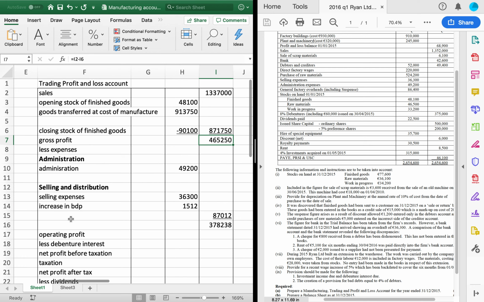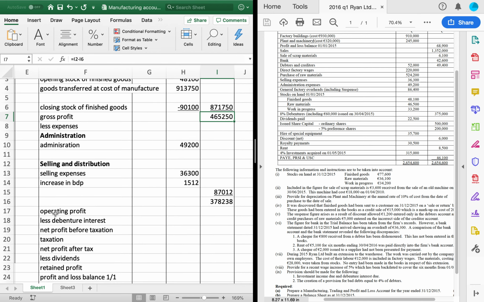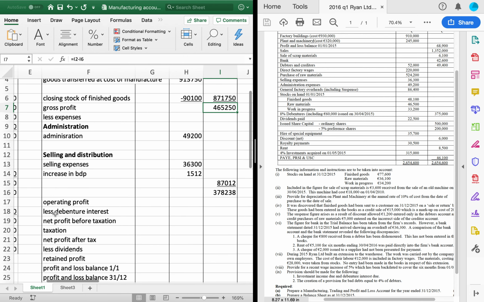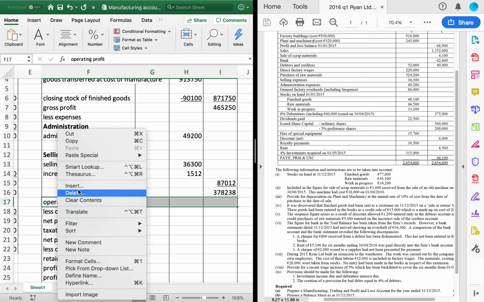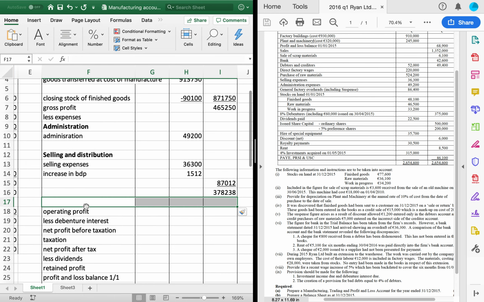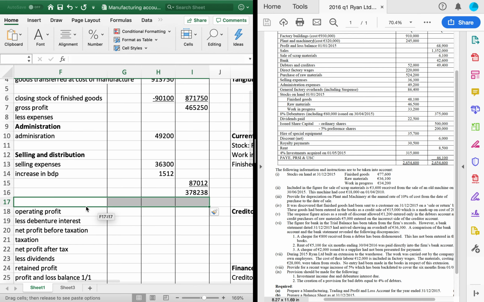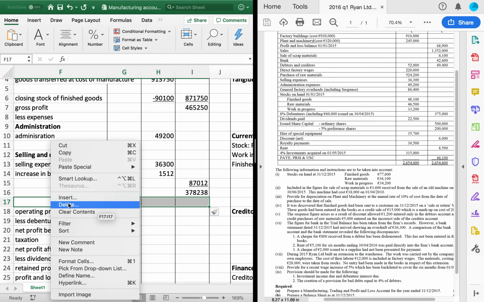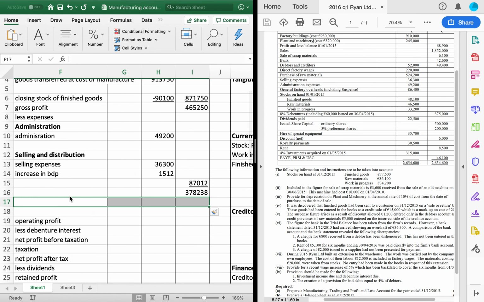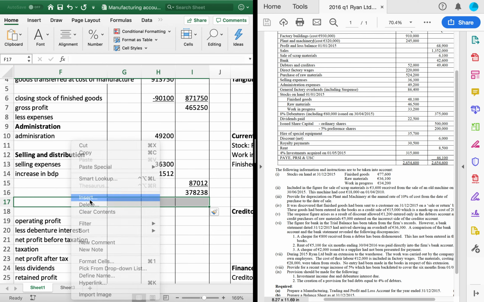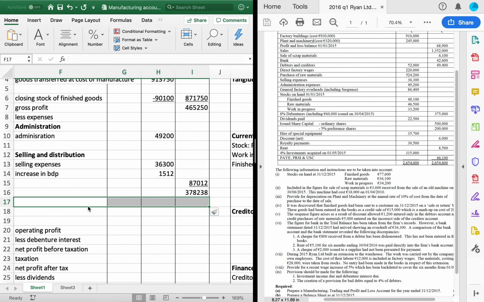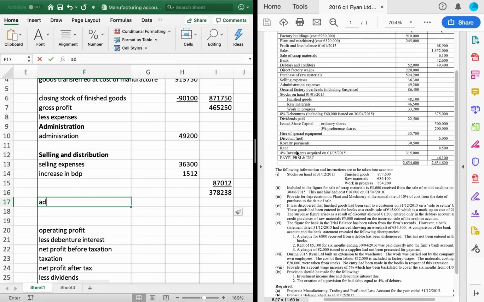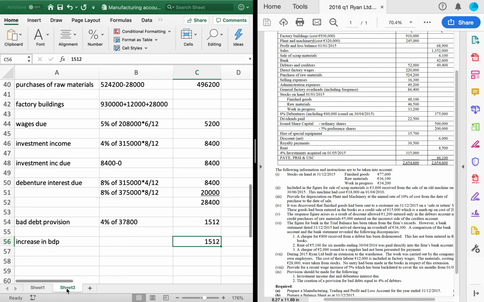Alright, your other operating incomes then, which I've left absolutely no space for, but we know there is other operating incomes in this, so I better put in a few lines, which again could cause a little bit of confusion in your exam, but sure, you'll survive. I said it is a normal trading profit loss account, so there are other operating incomes that we have to add. So we know, because I just said it, there's rent. From what I remember, rent changed.